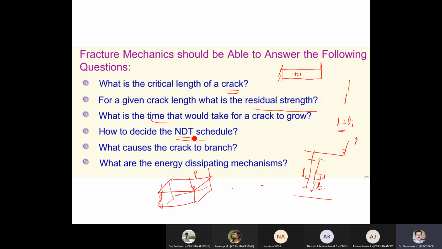In an aircraft we have thousands of components, isn't it? Each component may be subject to some kind of crack, flaw or discontinuity.